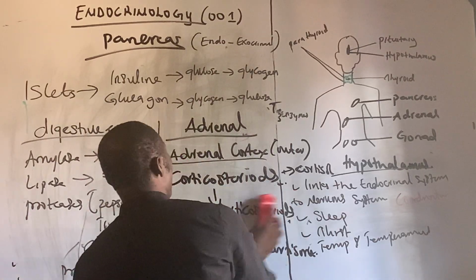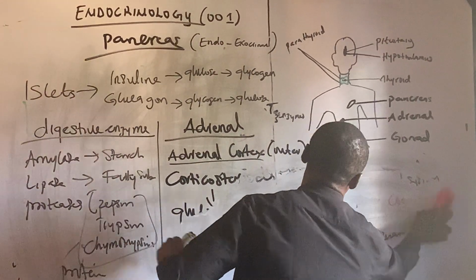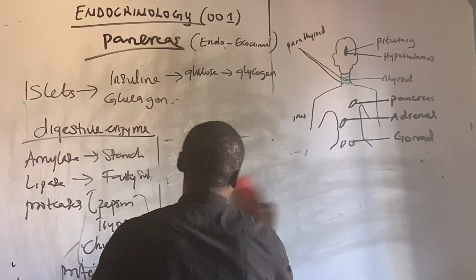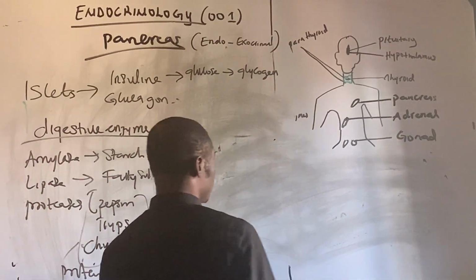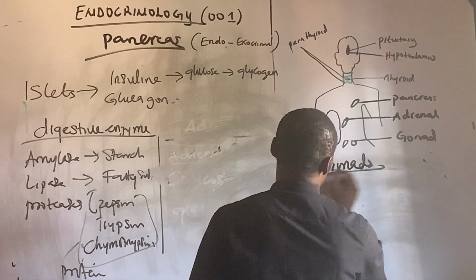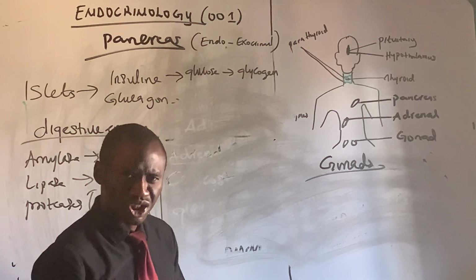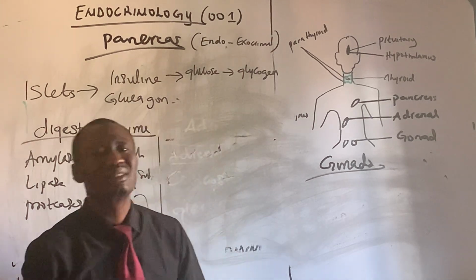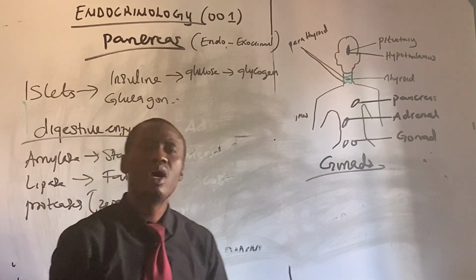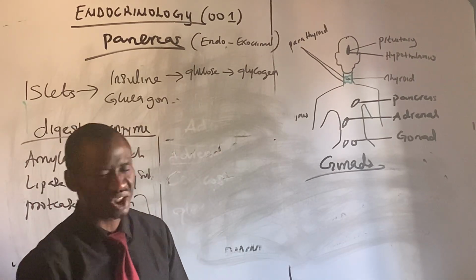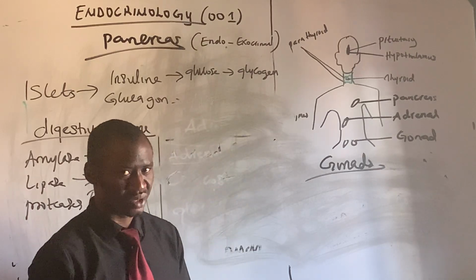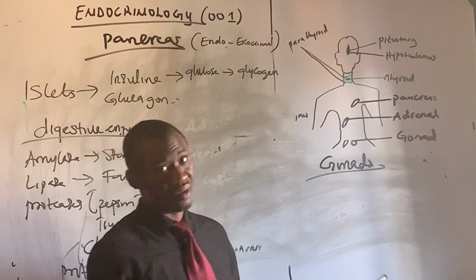Now, finally we go to the gonads. What's happening in the gonads? Now, the gonads are the position for the female and the male sex hormones. The gonads are responsible for the production and the maturity of the female and the male sex cells, or the germ cells.